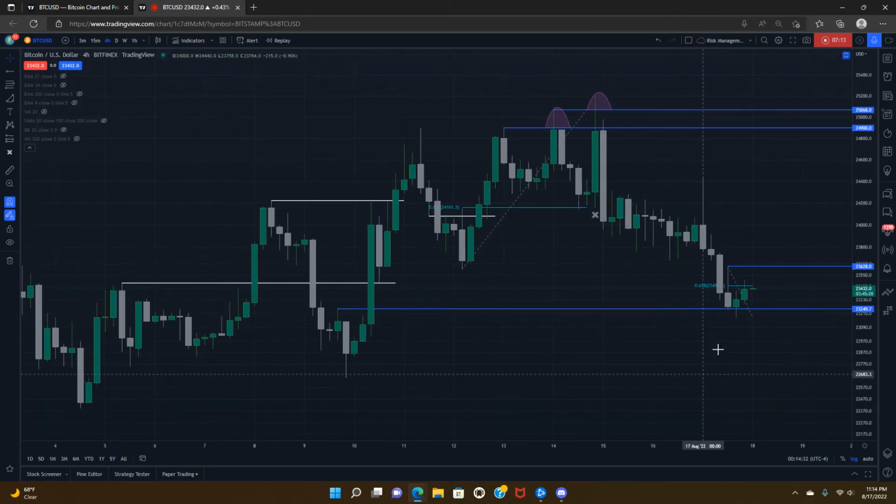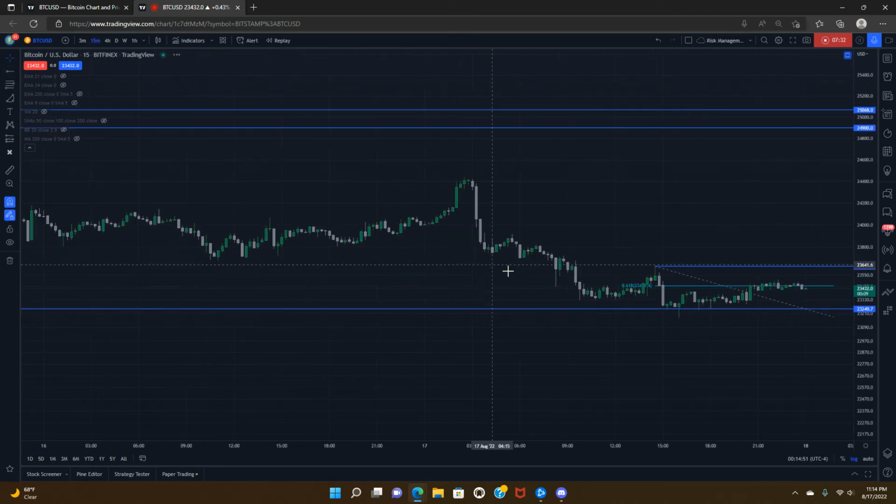But if this were to ultimately break down rather than reclaim this high right here, again, the word high is not a great description, because it really would only be a swing high in the 15-minute chart. But just for the sake of simplicity, once this 15-minute high is reclaimed, it's a little bit more of a bullish outlook.